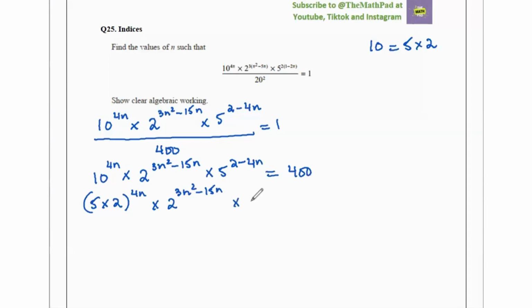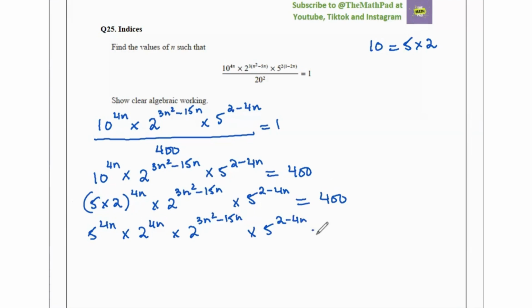When I distribute the power of 4n, it becomes 5 to the power of 4n times 2 to the power of 4n, and the other terms come as they are. Now if you compare your equation with the one given in the question, you have the same bases now. There are 2 terms with the base of 5 and 2 terms with the base of 2. We can further use this to simplify our equation.